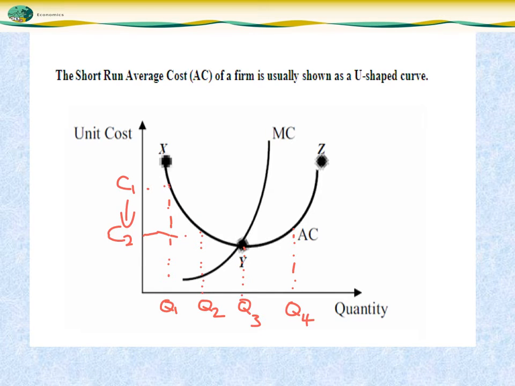So Q3 yesterday in our example was the 10th cake. So you can write this in if you want. And then Q4 in this case was the 11th cake, where we saw that when we made the 11th cake, we saw this increase in cost. Okay, so the cost increased again.